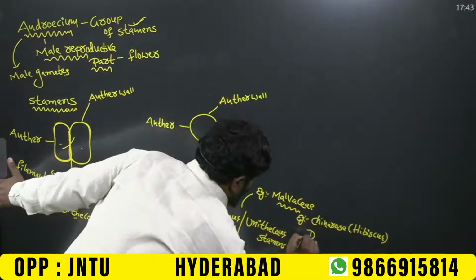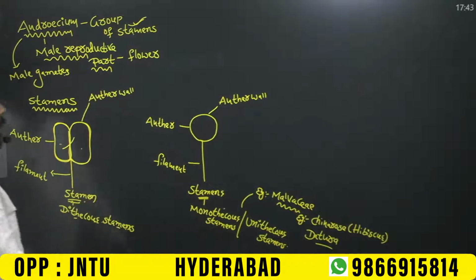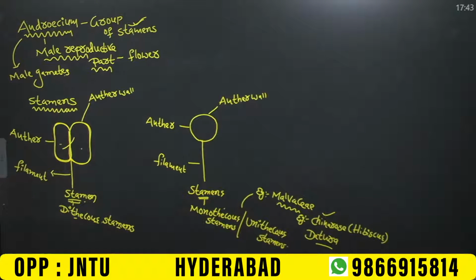Datura is also an example of monothecous stamens, please write it down. But the best example and repeated question is China rose, hibiscus only.